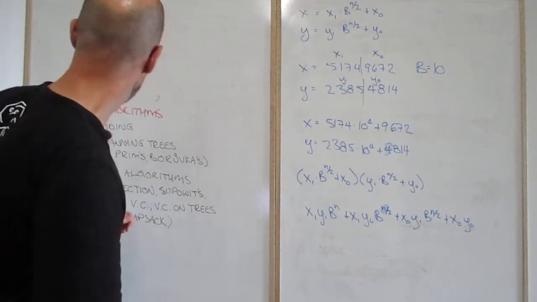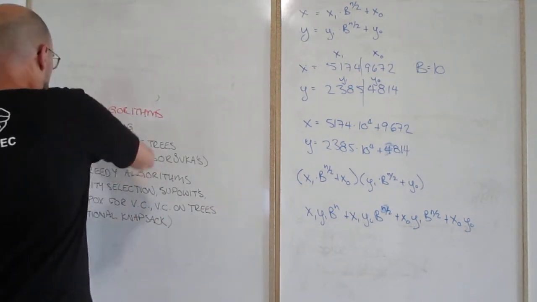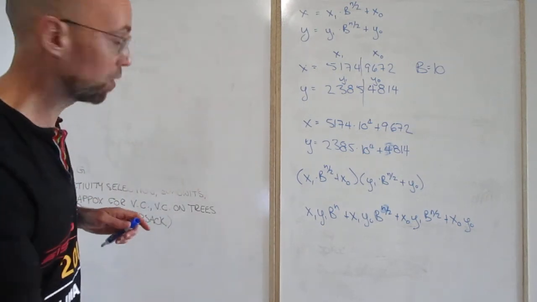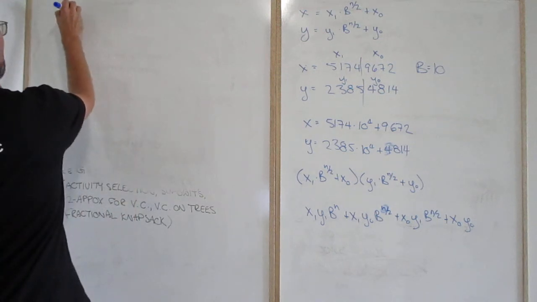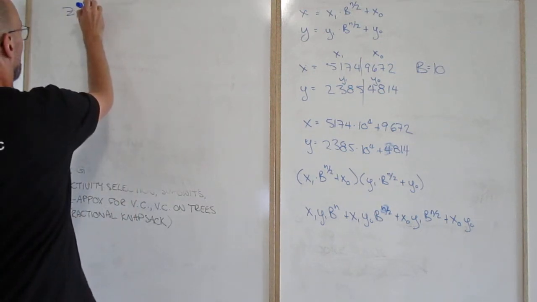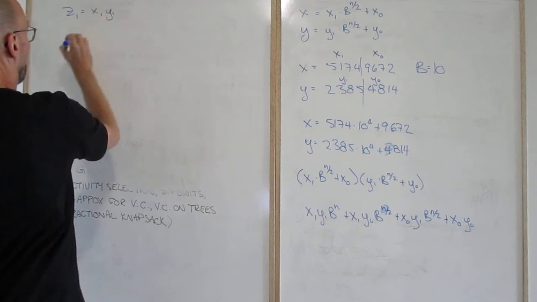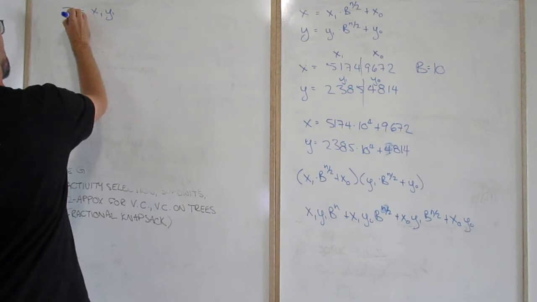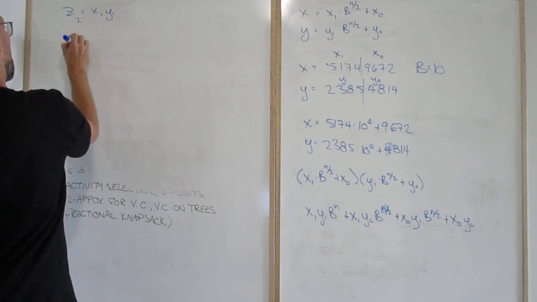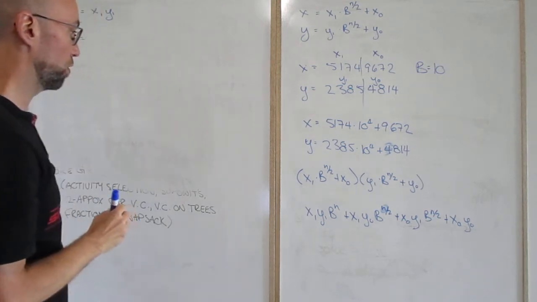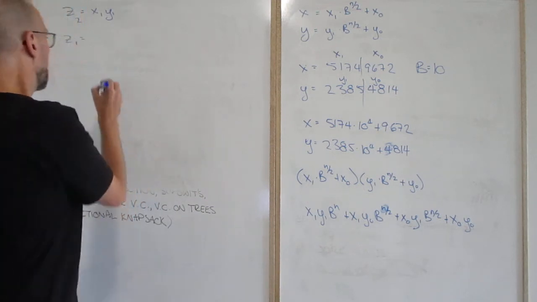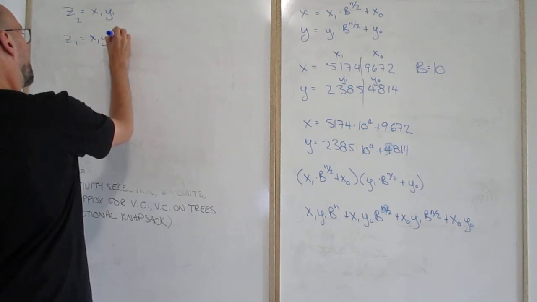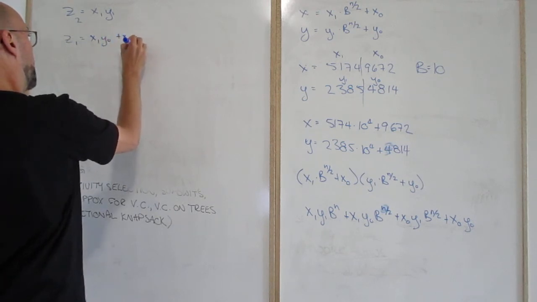So to do Karatsuba's trick, we're going to say, okay, z2 equals x1 y1. z1 equals x1 y0 plus x0 y1.